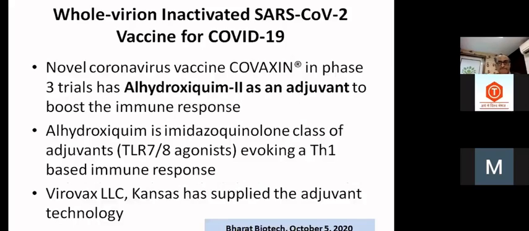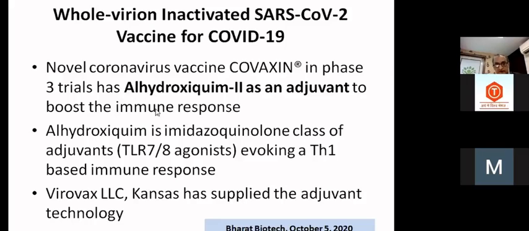But the one plus point about this vaccine is that it is an old age technology, the killed virus manufacturing technology, which Bharat Biotech, Serum Institute of India and other vaccine companies are very adept at using. They are using a novel adjuvant, aluminum hydroxyquim. Conventionally, we use aluminum hydroxide as an adjuvant in vaccines like the DPT vaccines.